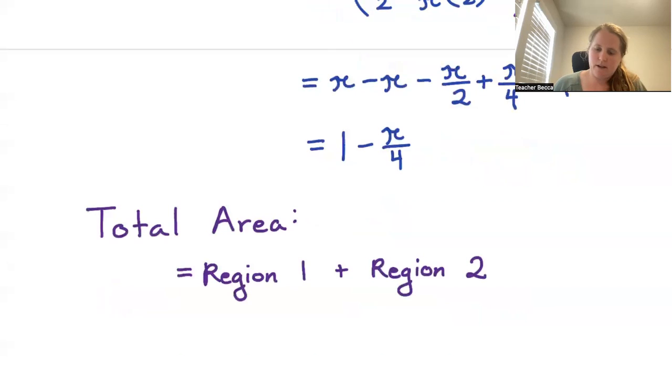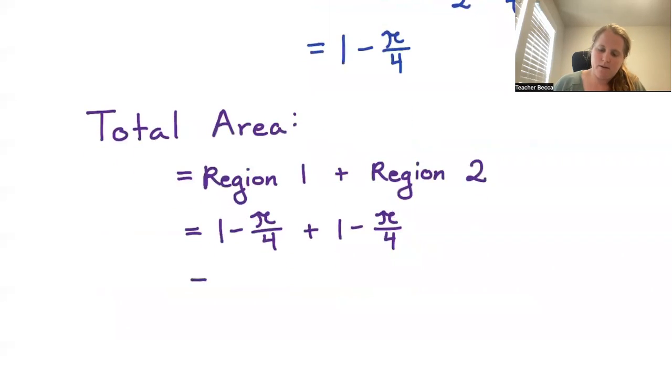So we are looking at 1 minus pi over 4 plus 1 minus pi over 4. And we wind up with 2 minus 2 pi over 4, or 2 minus pi over 2. So if we have those multiple intersections that create multiple regions, just find the area of each region separately and then add them all together.